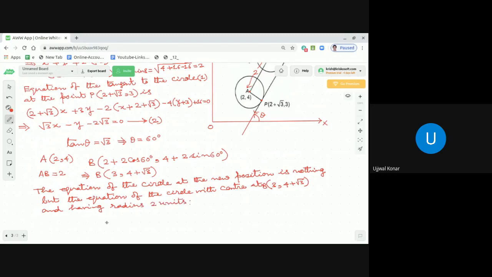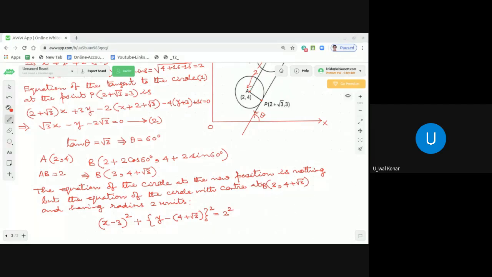So what will be the equation? (x minus 3) whole square plus (y minus (4 plus root 3)) whole square is equal to 2 square. Correct or not, dear students?